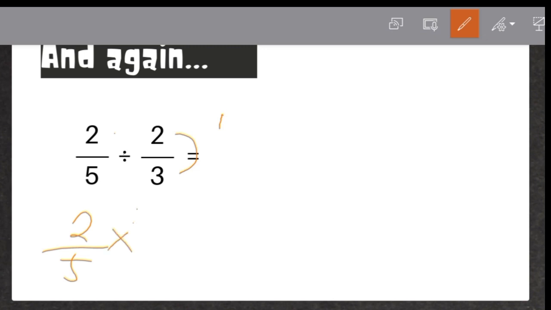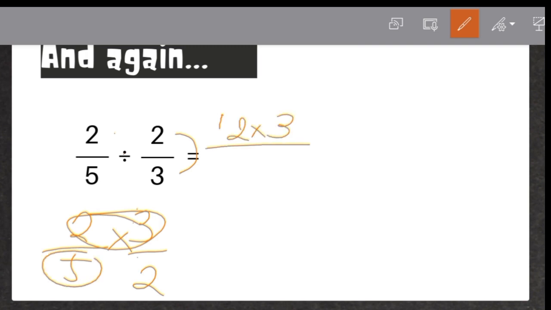So it's going to be like this. 2 times 3 and 5 times 2. 2 times 3 is equal to 6, and 5 times 2 is equal to 10.